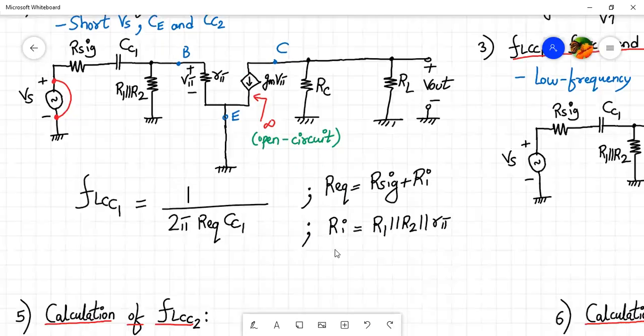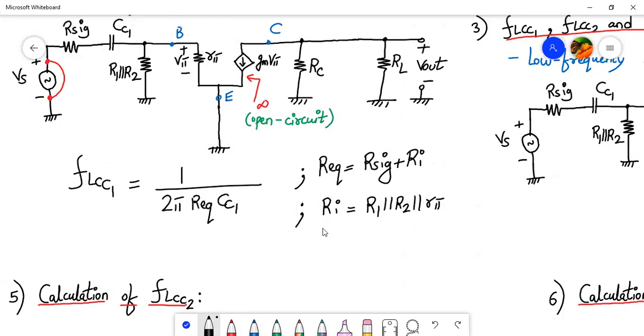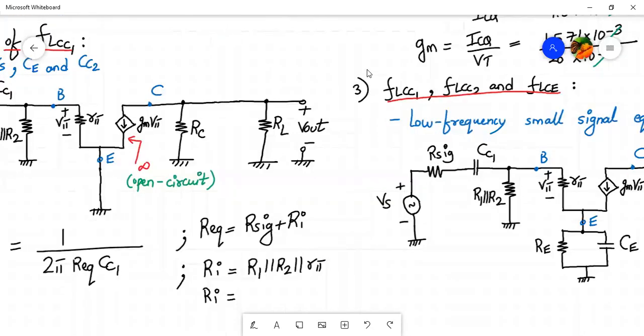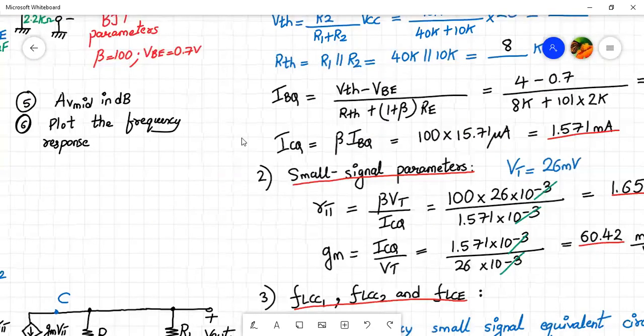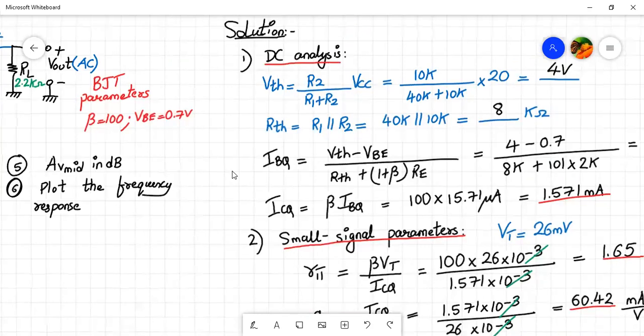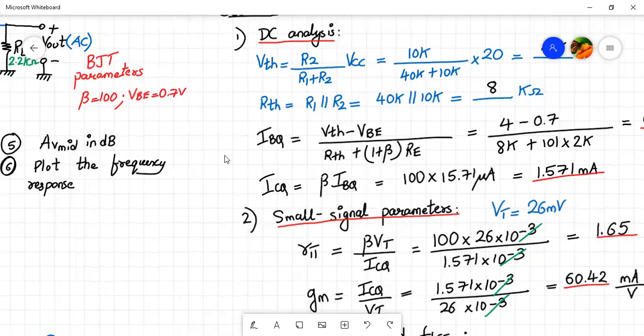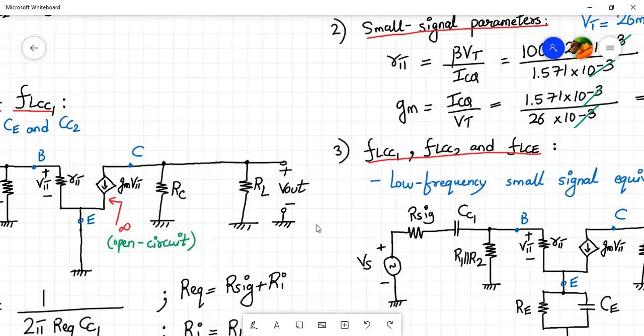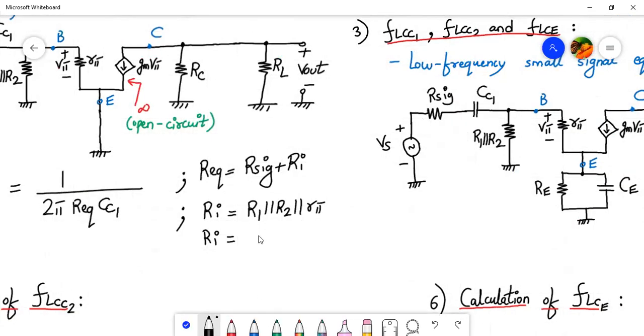Now we will calculate them quickly and find the value. R1 parallel to R2 is 8 kilo ohm. Let's check that. Yes, R1 parallel to R2 is 8 kilo ohm, and over here we have R pi, which is 1.65 kilo ohm.